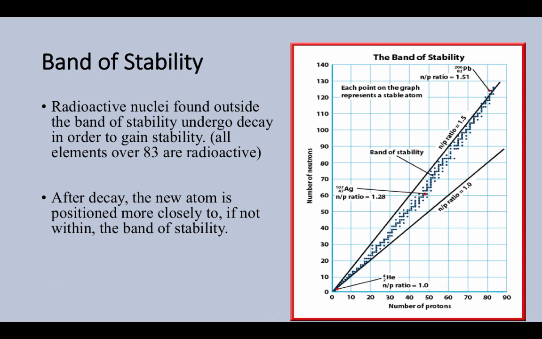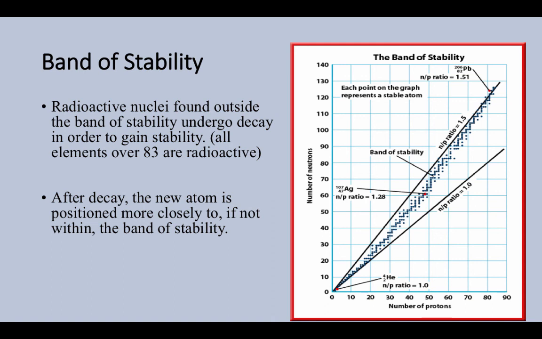You can see as you go up, the ratio gets further and further away from the 1-to-1 ratio, and the reason why elements 84 and above are not plotted on this graph is because they are all radioactive no matter what. All of those really, really large elements are radioactive, so they don't even make it onto the band of stability.